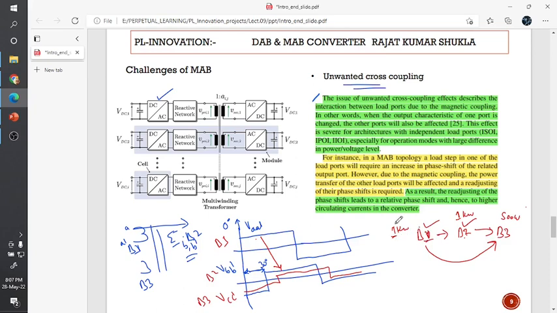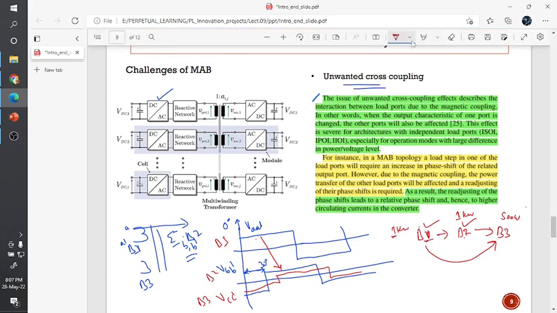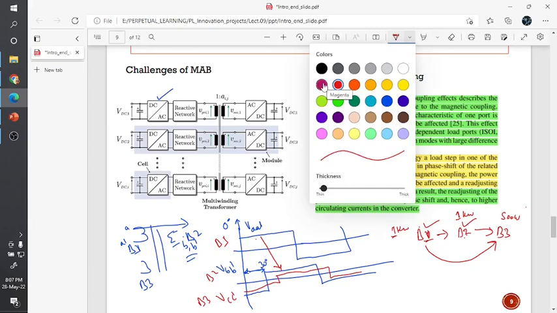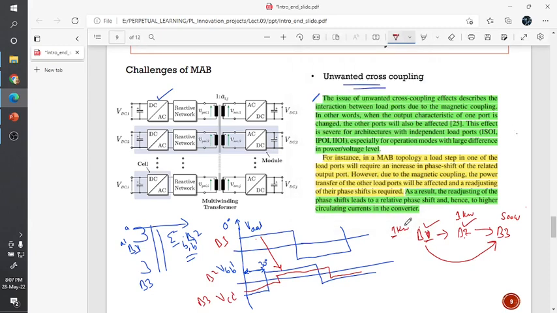So it will not draw 1 kilowatt; let me change the color. It will draw like 1.3 kilowatts, let's say, and 0.2 kilowatt additionally. So 1.2 kilowatts or so, and here it will appear as 500 watts.